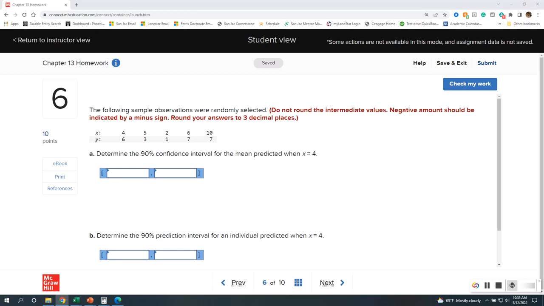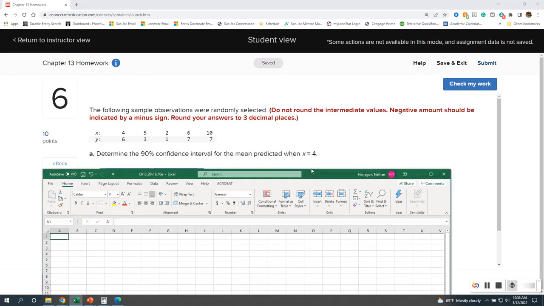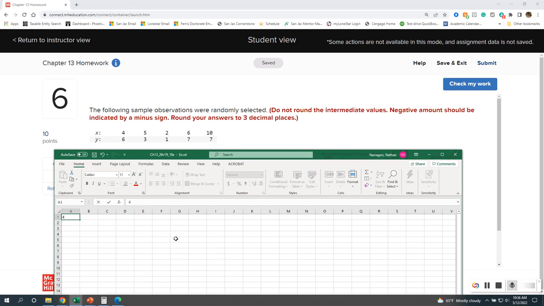We can make it pretty easy by first making our Excel. So let's go ahead and do that. I'm just going to do a blank sheet here. Let's put in our X's: 4, 5, 2, 6, 10. And our Y: 6, 3, 1, 7, 7.